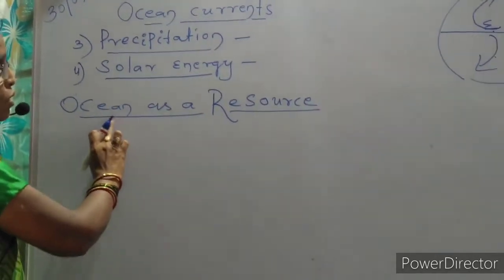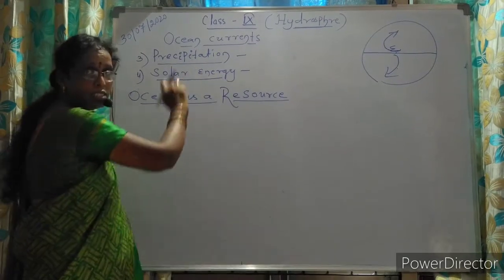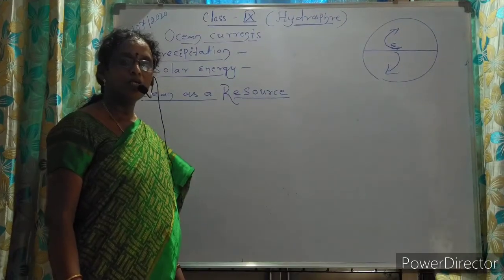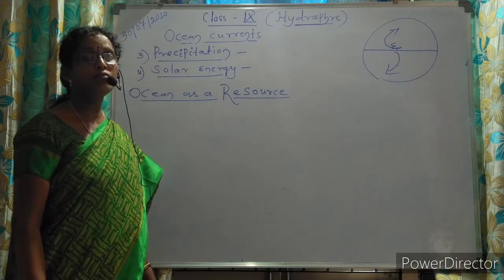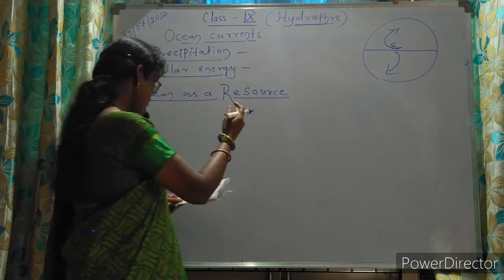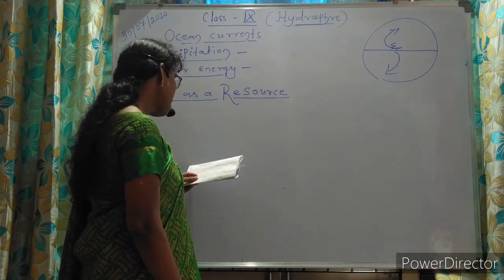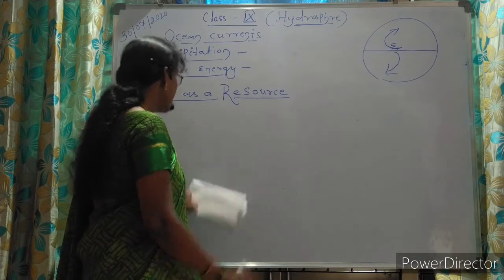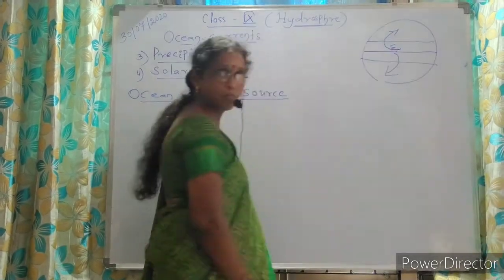The next effect on ocean currents is solar energy. Solar energy affects the ocean currents in a couple of ways. The sun heats up the air and water, and the atmosphere near the equatorial region also heats up.